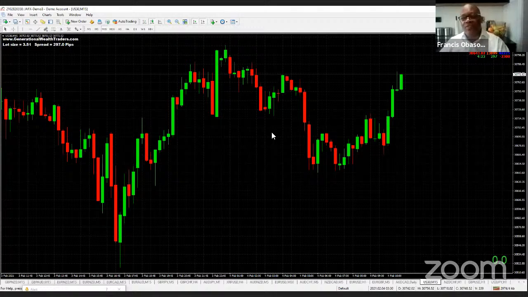It allows us to interpret or analyze what's going on on the chart. So each of these candlesticks represents price.